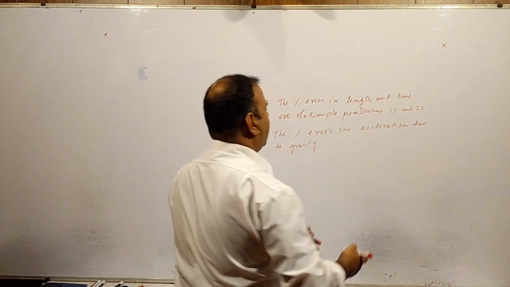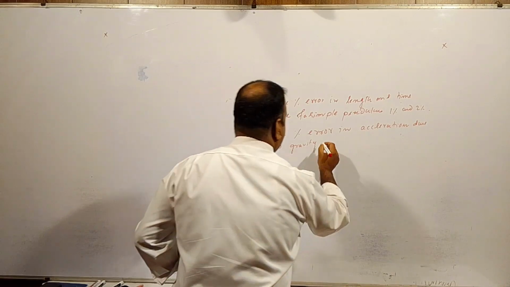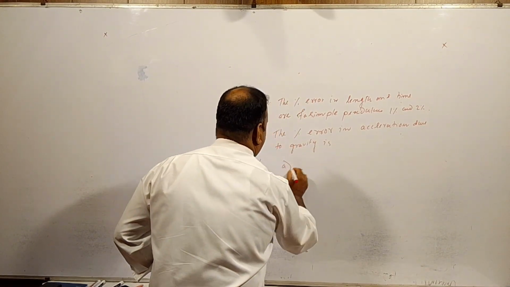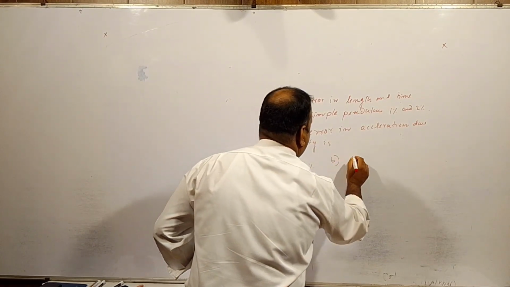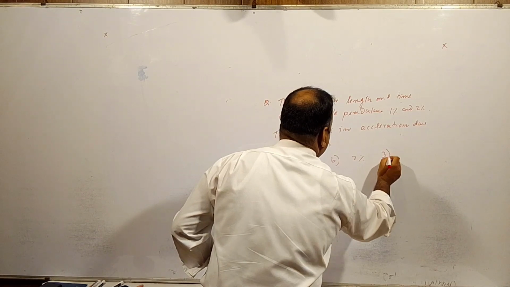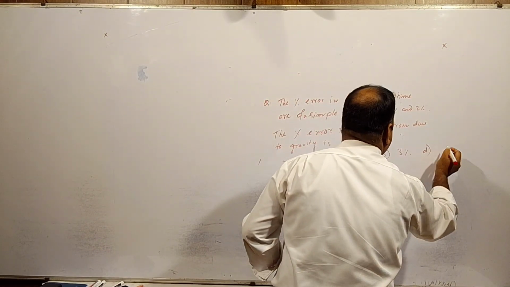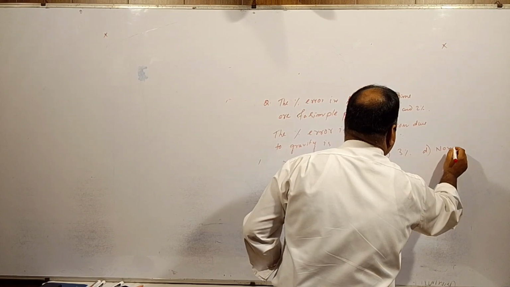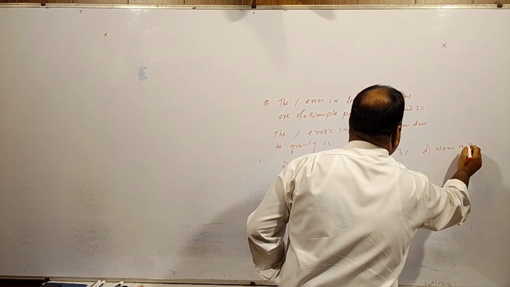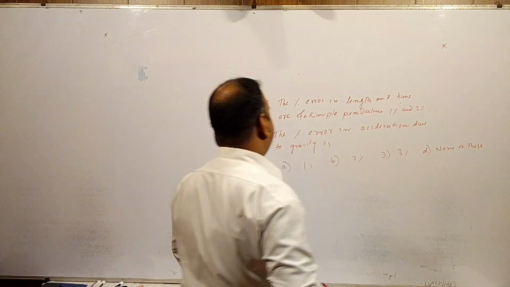The percentage error in acceleration due to gravity is: option A 1%, option B 2%, option C 3%, and option D none of this. So this is the question.